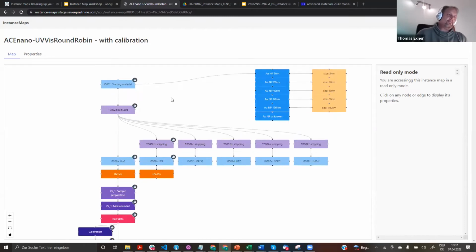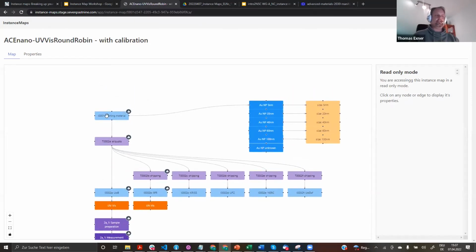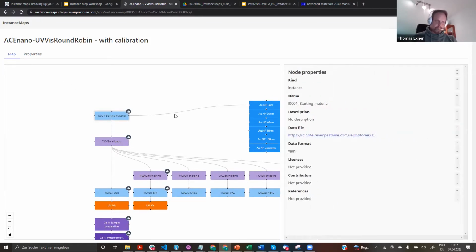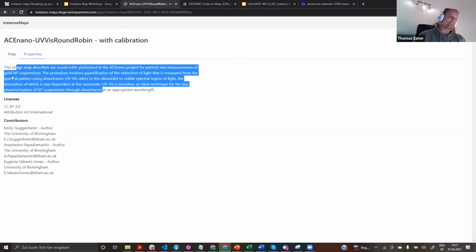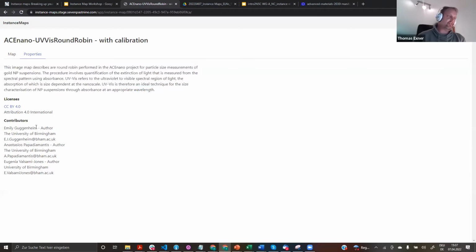This little sign on top of this thing here means that there is data assigned. And perhaps I should, no, I will show that later. When you click on that, you see a little bit of information, not a lot. First, you could go here, which is the more general view on that, with a little bit of a description of what was done, the ACE Nano, gold nanoparticles, measurement, and there is a license, which is always important to have a license, because otherwise people cannot do anything with it.